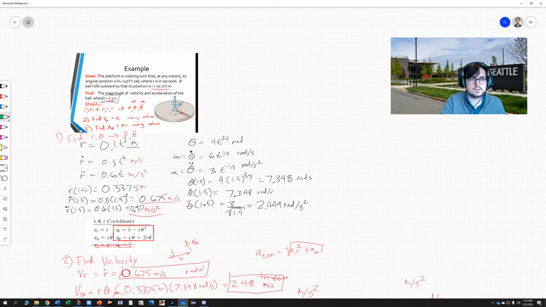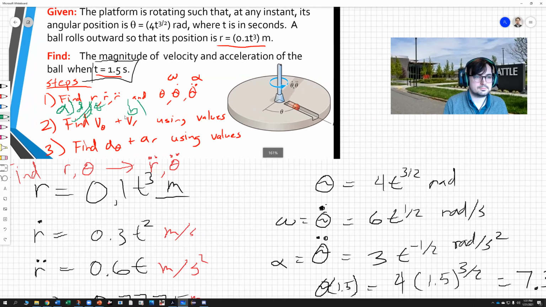We could say that's actually kind of part A. Part A is find the derivatives with respect to time. Part B is evaluate at t equals 1.5 seconds.